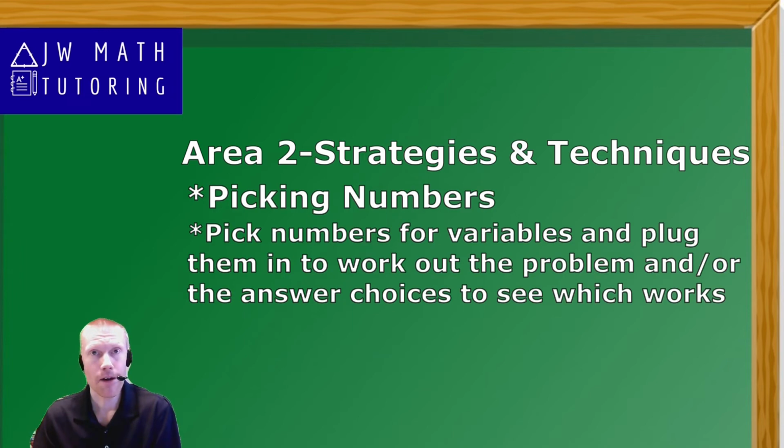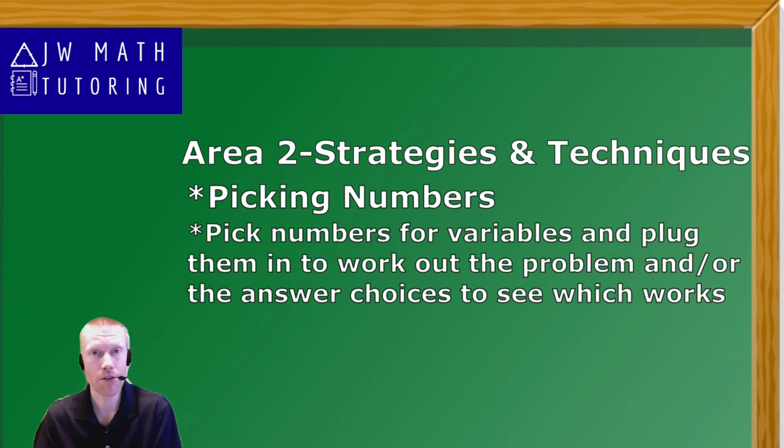Or there are also some other cases where you just pick numbers for the different variables or for different values, and then you work out the problem and you see what happens, and then you compare that to the answer choices. So there are, again, multiple types of problems that can use these.